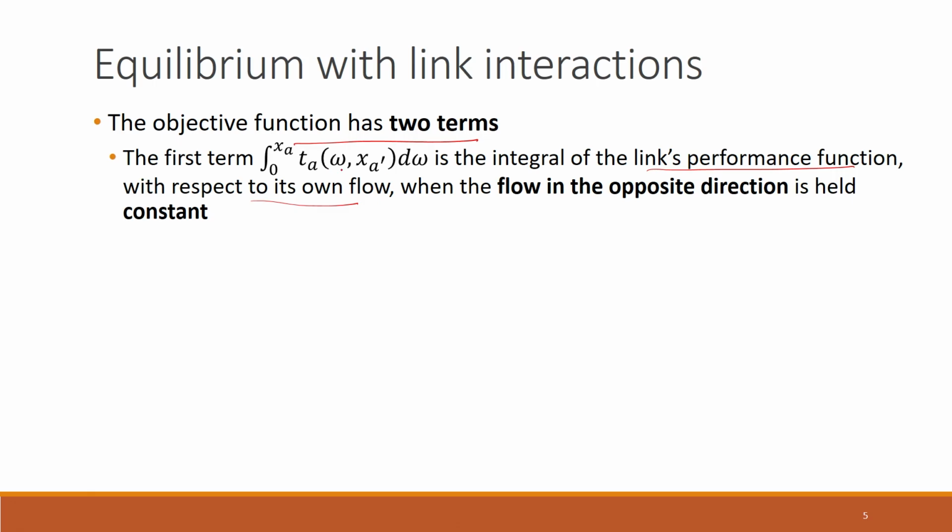Because we are doing the integral with respect to the flow on this link A when the flow in the opposite direction is held constant, okay. So, we are keeping the flow in the opposite direction to be x A dash, okay. So, x A dash is not dependent on x A. So, we are putting it as it is.